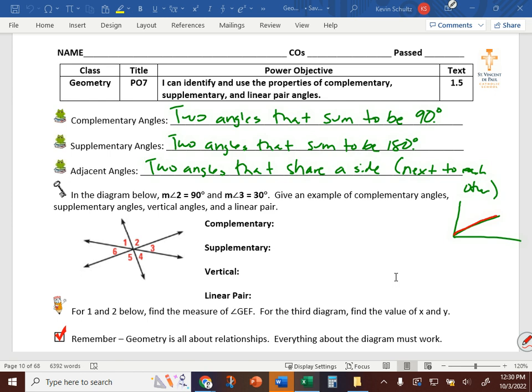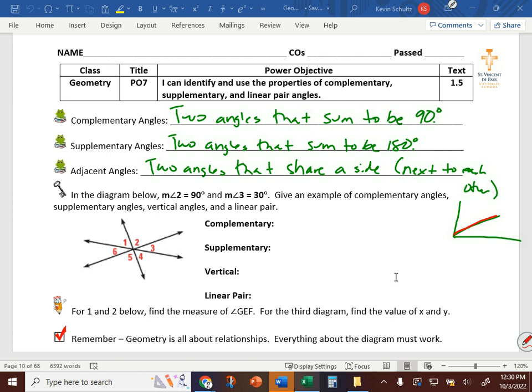Now, to have complementary or supplementary angles, the sides don't have to be adjacent. Any two angles that sum to be 90, whether they're adjacent or not, are complementary angles. Any two angles that sum to be 180, whether adjacent or not, are supplementary angles. Okay, but adjacent angles specifically are angles that share a side.